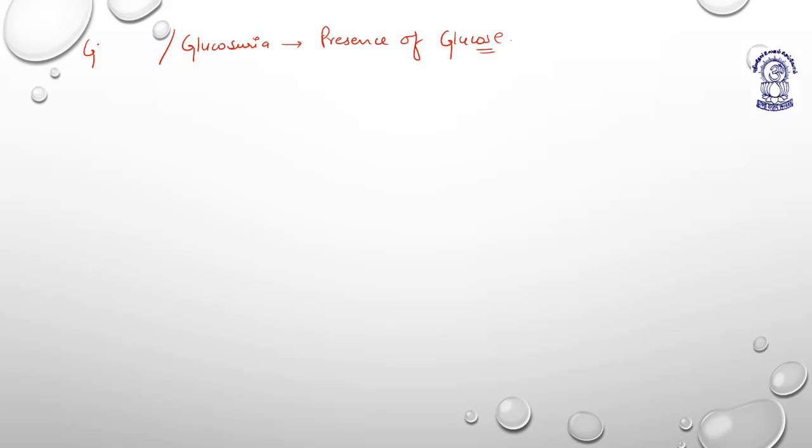Or it can be glycosuria, presence of glucose in urine, in diabetes mellitus. Then presence of ketone bodies. There are two terms. Remember, one is ketonuria and the other one is ketemia.